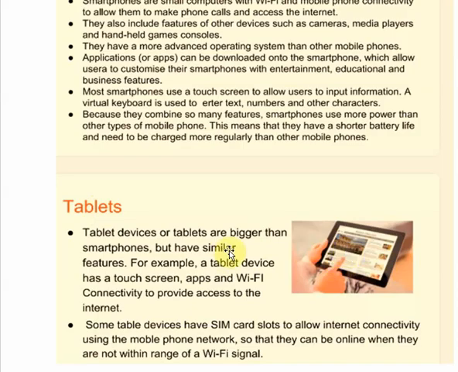Normally we connect to Wi-Fi, right? Our wireless access point, and we will be using the internet with the router connection. But certain tablets support SIM cards, so we can directly connect to the mobile network and access the internet using the tablet.